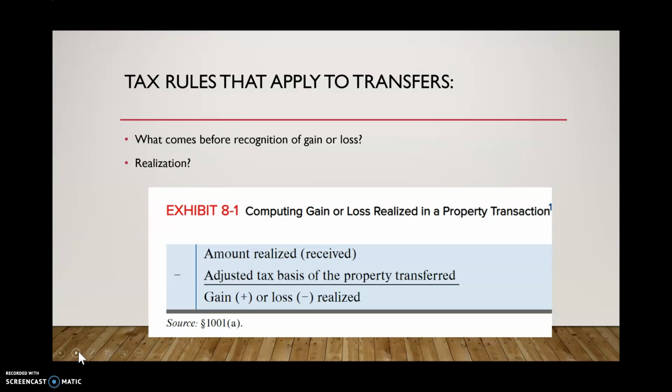So realization occurs when a transaction takes place. This comes before recognition can take place. So before I can recognize a gain or a loss, I have to understand what my amount realized is and the adjusted tax basis of the property transferred. That is how we're going to compute our formula.